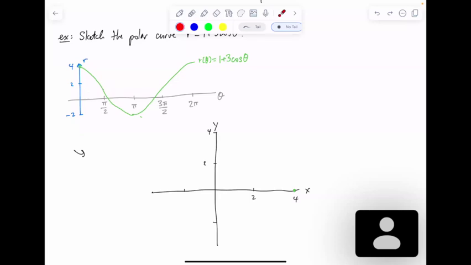At theta equals pi over 2, cosine of pi over 2 is 0, so r is going to be equal to 1. And so I've shrunk all the way down to 1 at that point. All right, so I've traced out the curve such that at pi over 2, I am definitely 1 away from the origin.